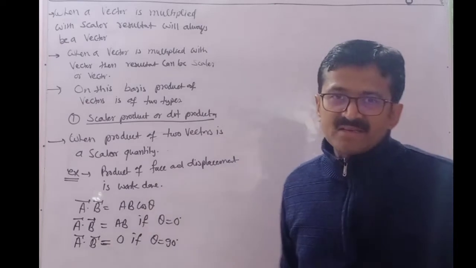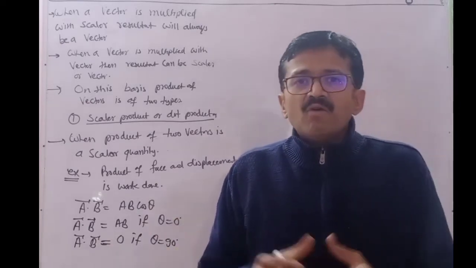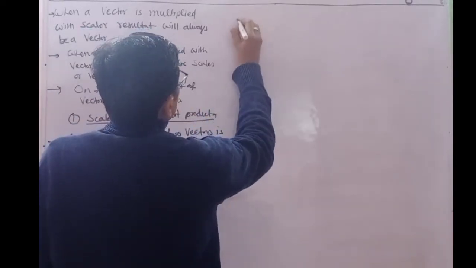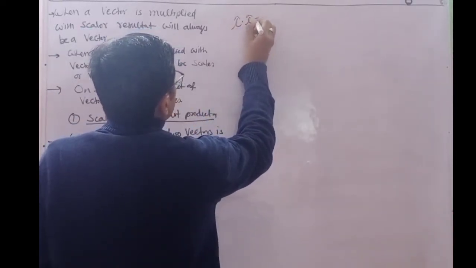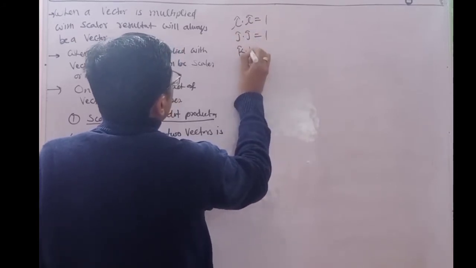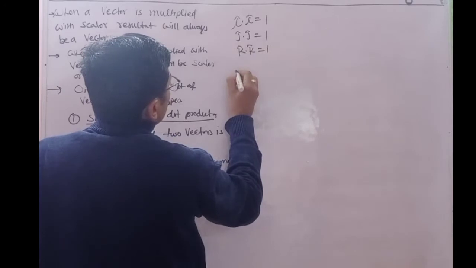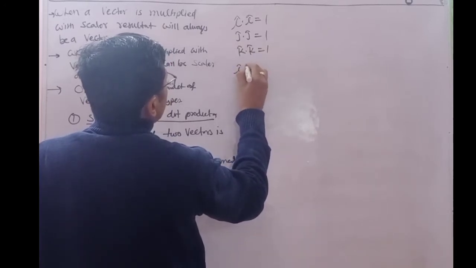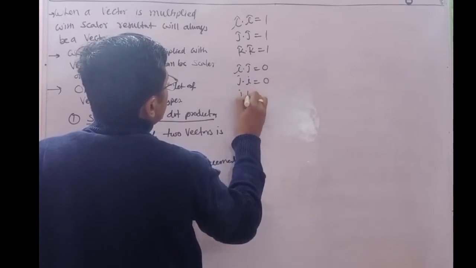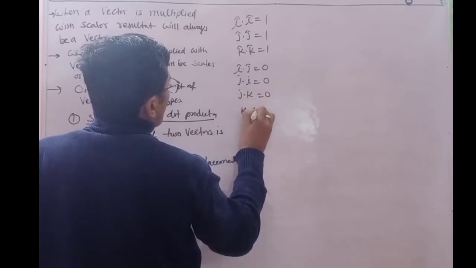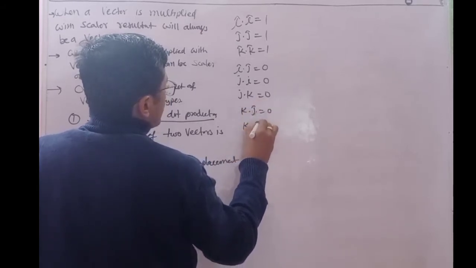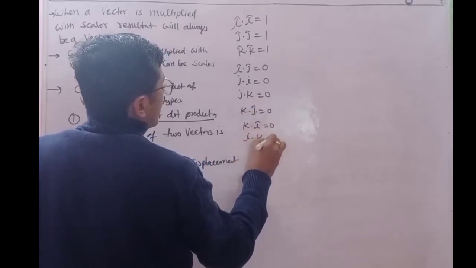Now what about i cap, j cap and k cap? What about unit vectors? How are they multiplied? In the case of unit vectors, i dot i is equal to 1. Remember, j dot j is equal to 1, k dot k is equal to 1. While i dot j is 0, j dot i 0, j dot k 0, k dot j 0, k dot i 0, i dot k 0.